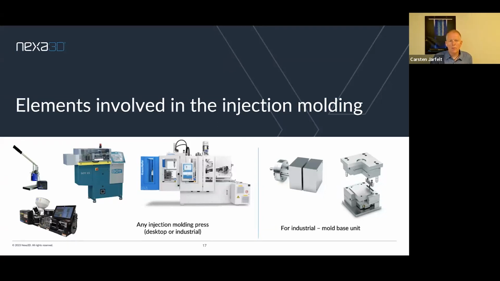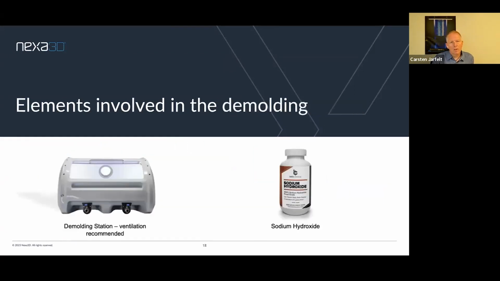The speed comes from the whole thing being an iterative process. The final step in getting it out of the tool by chemical solubility is having one of our demolding stations. They also come in different sizes depending on your actual need. What they all have in common is that they operate with sodium hydroxide at a 40-50 C temperature. They have some ways of accelerating the demolding process of the parts.